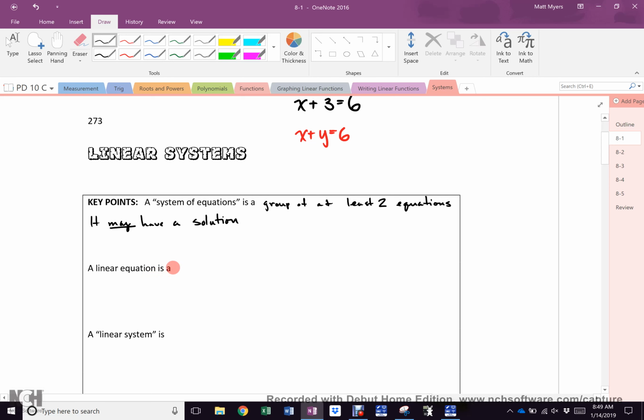So, a linear equation is an equation which has a constant rate of change and graphs as a straight line.